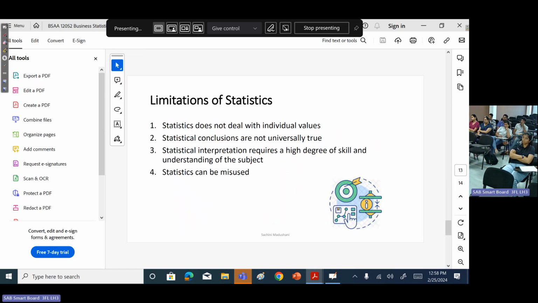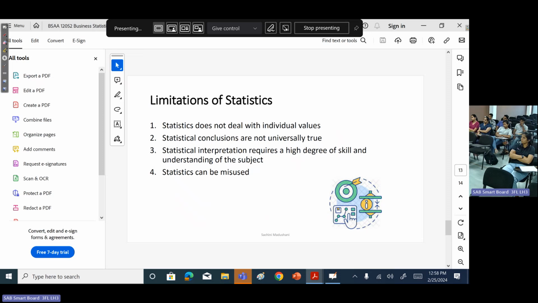Then we are moving to the next topic, limitations of statistics. Statistics is not 100% accurate. That's the first limitation. In statistics, we always take decisions with what? Uncertainty. Every time we cannot get decisions with certainty.